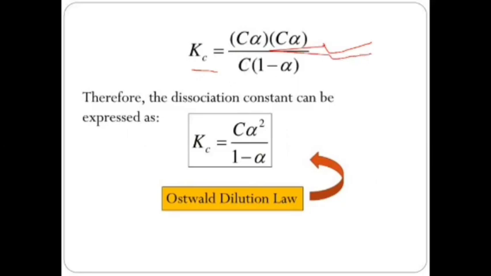C alpha into C alpha is C square alpha square, divided by C into 1 minus alpha. Here C and C cancel. Then remaining, K is equal to C alpha square by 1 minus alpha.